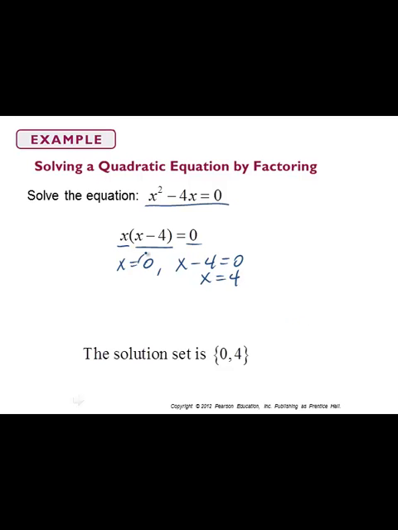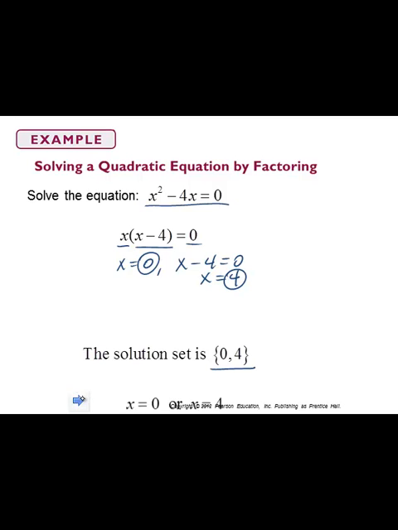So we have 2 solutions, 0 and 4. We will sometimes talk about a solution set, which is just a set of numbers consisting of the solutions. And we'll write those numbers within a pair of curly braces, like you see there. So the solution set is 0 and 4.